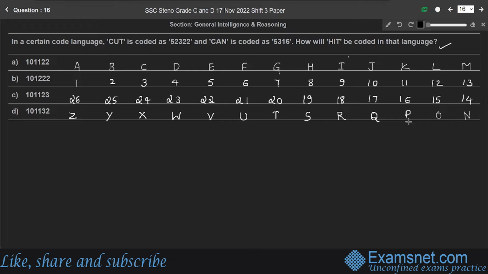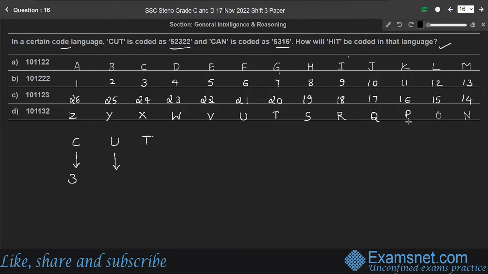Question 16. In a certain code language, cut is coded as 52322, can is coded as 5316. How will hit be coded in that language? So we'll consider the first word, cut, right? For our reference, I have written the positional value of each letter. So C, its positional value is 3, right?